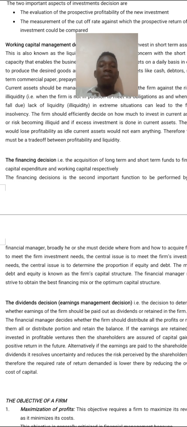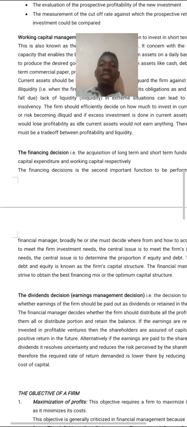So let us go to the financing decision. The financing decision looks at the capital structure of a firm and the sources of funds. Acquisition, how are you going to acquire the funds? So the financing decision looks at the sources of finance, whether long-term sources or short-term sources of funds. And it also looks at the capital structure. Capital structure is the combination of debt and equity capital, or the mix of debt and equity capital. Debt is the money you've borrowed, and equity is the money from your personal resources, from your personal pockets, the money that is contributed by shareholders or investors of the company.